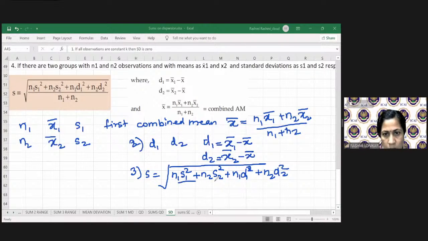The whole thing will be divided by n1 plus n2. So whenever you have to find the combined standard deviation, first you find the combined mean, then you find D1, D2, then you find S. Is that clear?